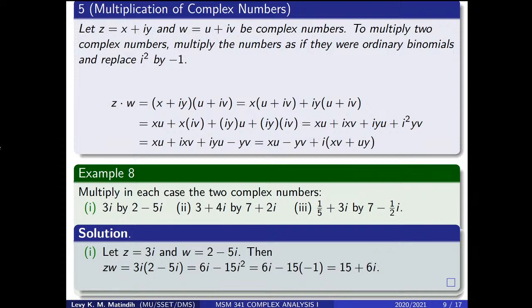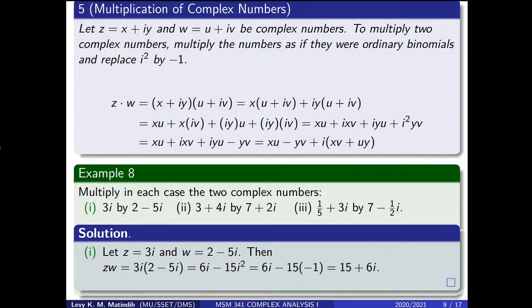The minus yv is a real number, xu is a real number, ixv is an imaginary part, iyu is an imaginary part. Adding these together, we get xu minus yv plus i times xv plus yu. So now, example number 8. Let's look at example number 8.